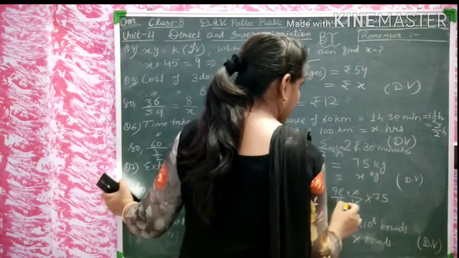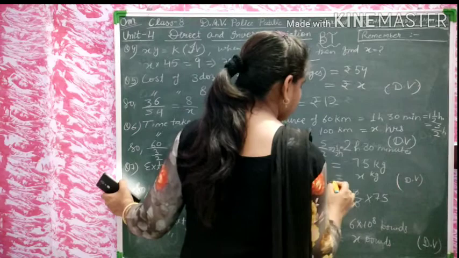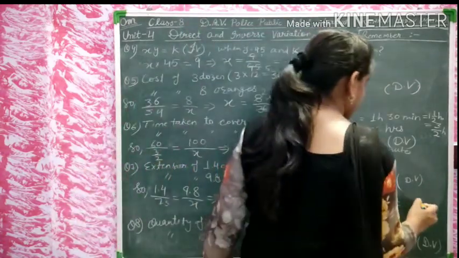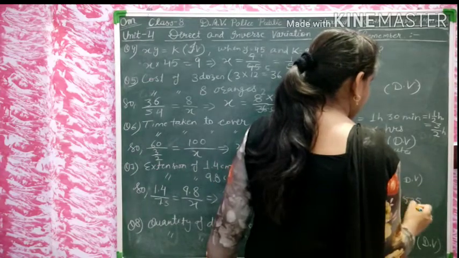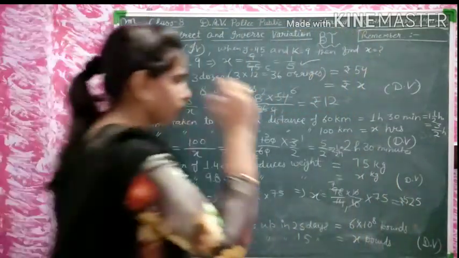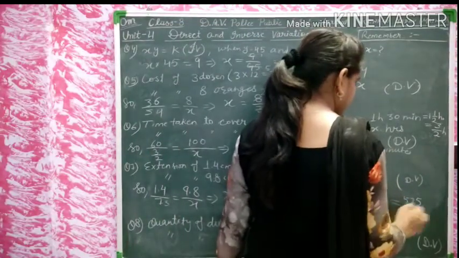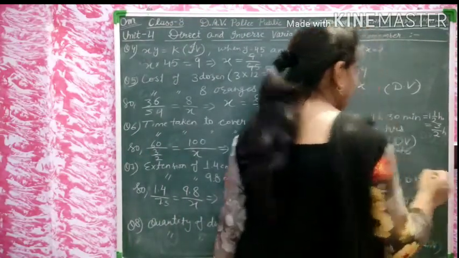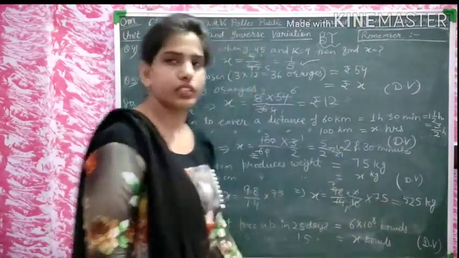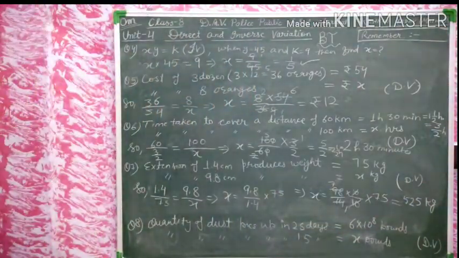This will cut there and we will get here 525. Sorry, 525 kg. Weight would be 525 kg. It will be clear there. Now we will go to the next question.